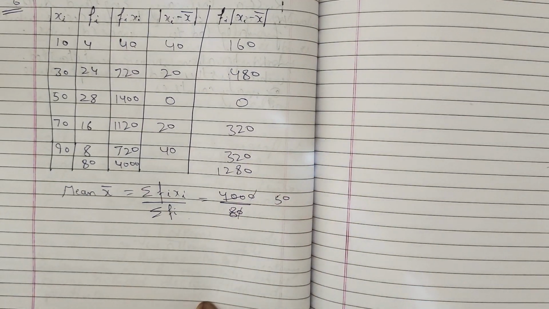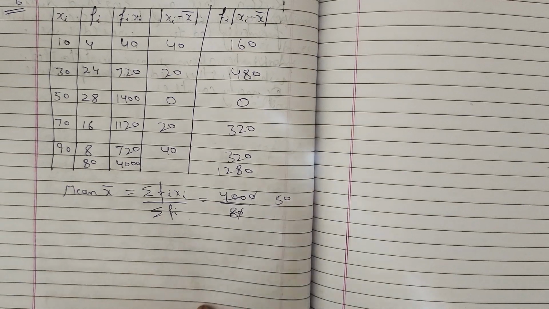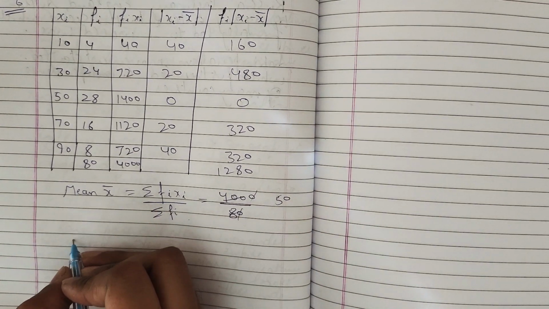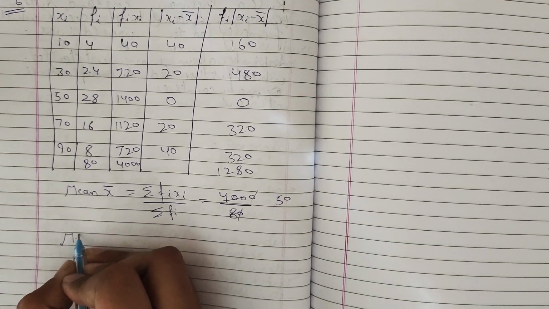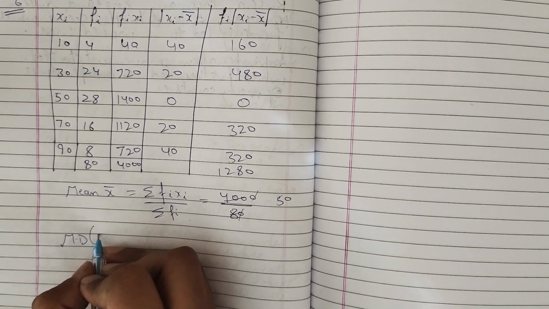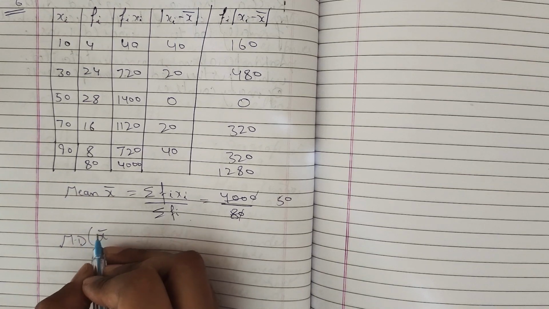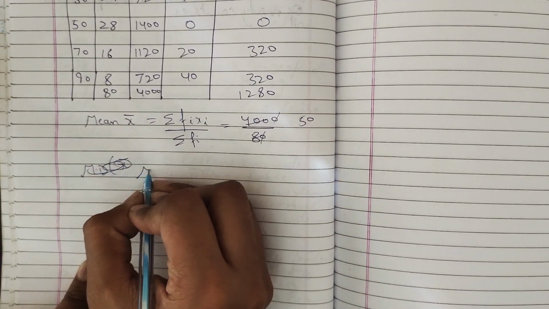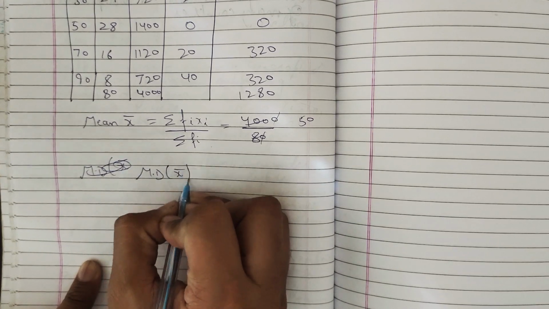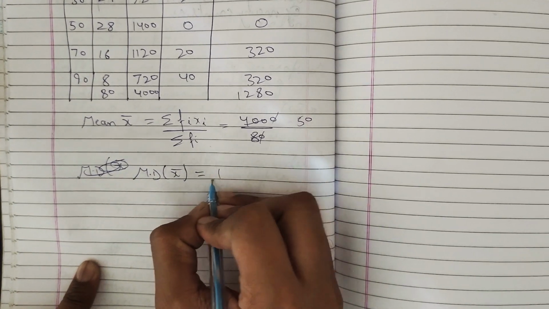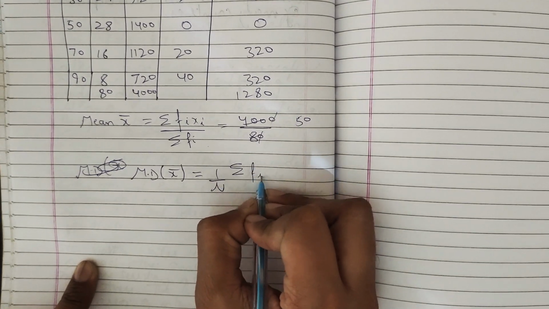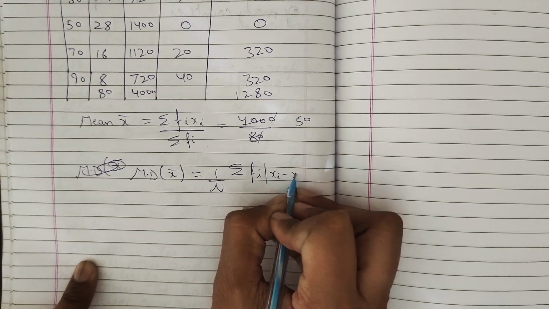Now what is the formula for mean deviation about mean? Mean deviation about mean, this sign represents about mean. Mean deviation about mean is equal to 1 upon n sigma fi |xi minus x bar|.